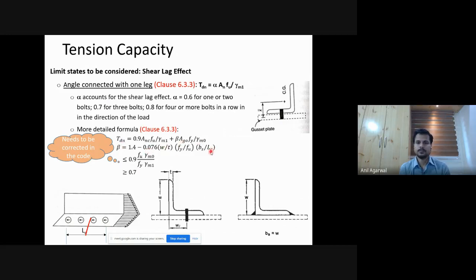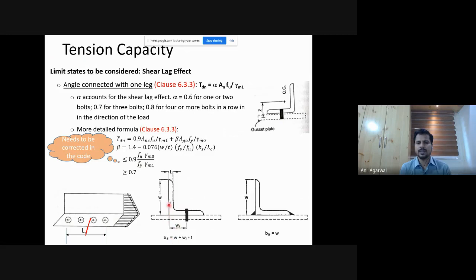Similarly, BS. If you look at BS, the expression for BS is given here. BS is basically how much of eccentricity you have in a way.